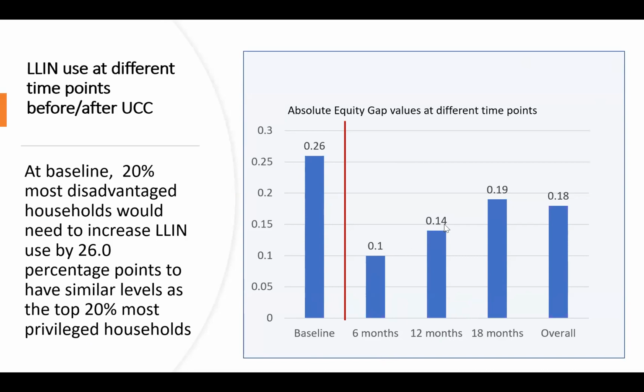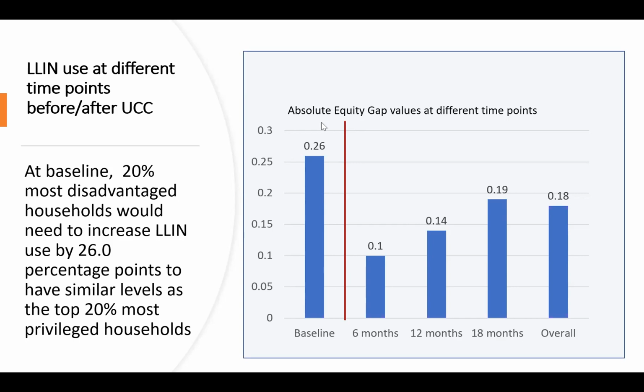And then we have 14% in the subsequent. Given that our red vertical line here indicates the time when it was masked, we see that after a mass distribution campaign, we see the AEG values dropping to this.